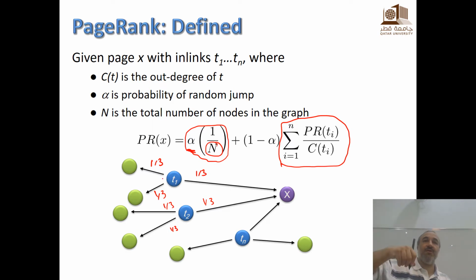So PageRank of a node is a function of PageRank of other nodes. So when we have a recursive formula like that, one way of solving it is iterative, right? So we initialize the PageRank scores for all nodes, and then we go iteratively to compute the updated PageRank scores for all nodes.